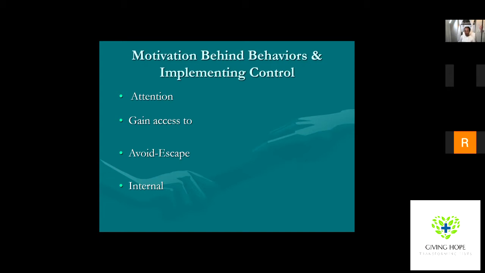It's either for attention, to gain access to something, to avoid or escape something, or it's something internal. Internal can be sensory stimulating. Avoidance or escape can be sensory avoiding or escaping. So you might see a person on the spectrum putting their hands over their ears because they hear a loud sound and it bothers them. You might see them turning the light switch on and off.